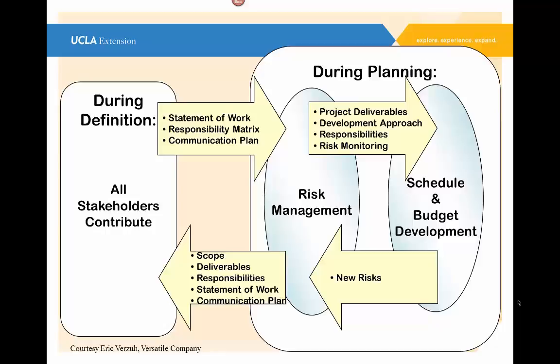But out of the planning process, you have two major elements you want to really consider, and that's your schedule and budget development: your network, your WBS, your schedule, your resources, your task definition. That's looking at how your costs build up and what your costs are, resource loading and leveling, and all of those elements.